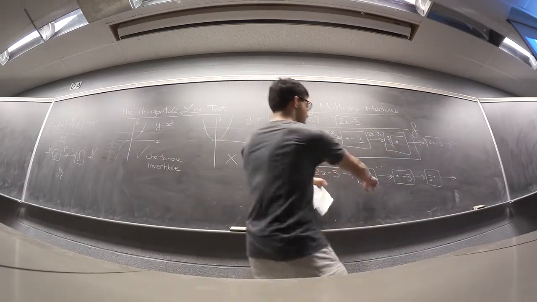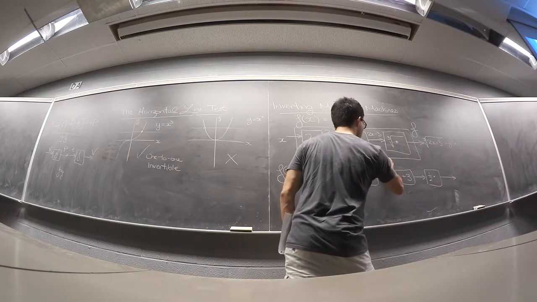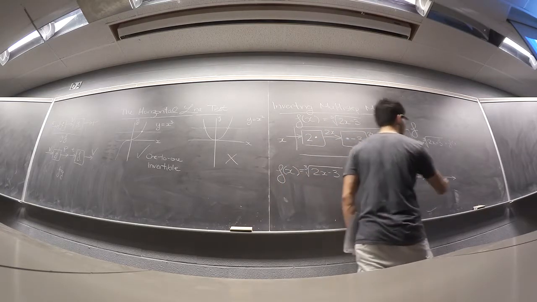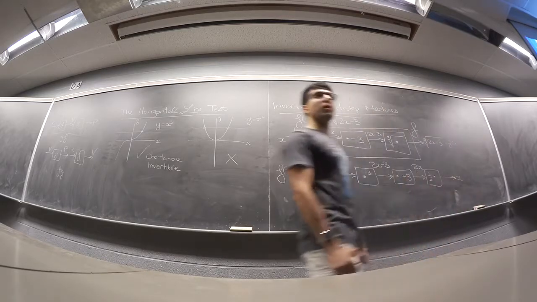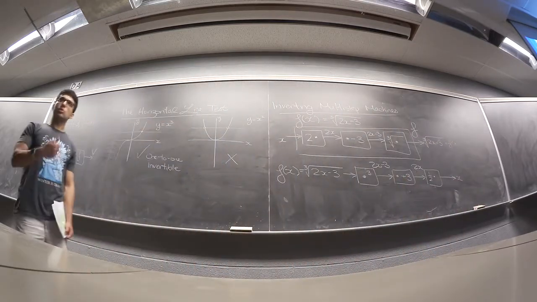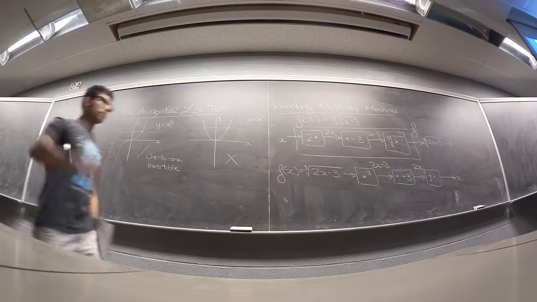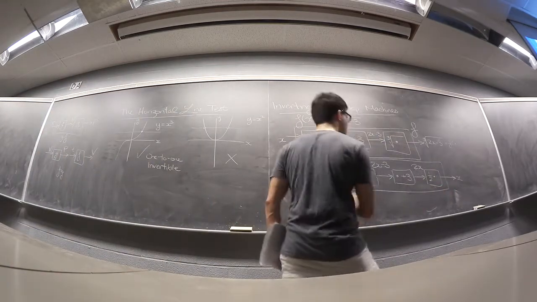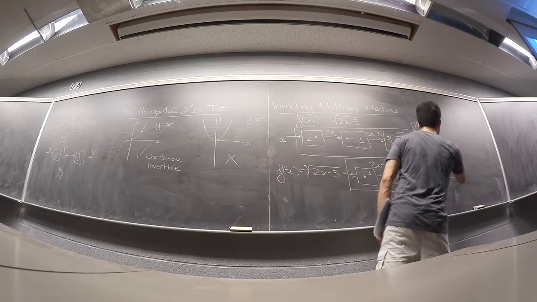There we just get 2x minus 3. There we undo the subtraction and get 2x. There we undo the multiplication and we're left with x as desired. Apply the machines in reverse and invert each one. And that guy is f inverse.